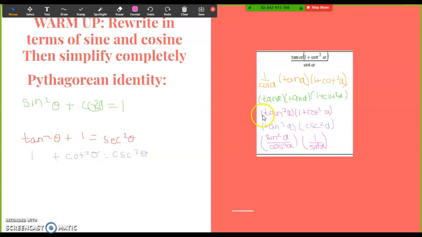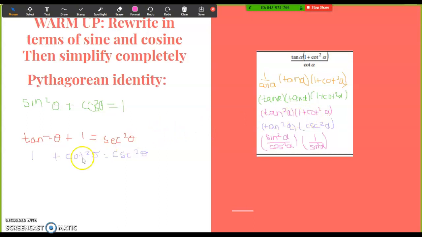Okay, so the next step, I looked at this and I said, if we have two tangents being multiplied by each other, that's just tangent squared A. So I had tangent squared A times 1 plus cotangent squared A. My next step, I looked over here and noticed 1 plus cotangent squared A. Is that a part of one of our forms of the Pythagorean identity?